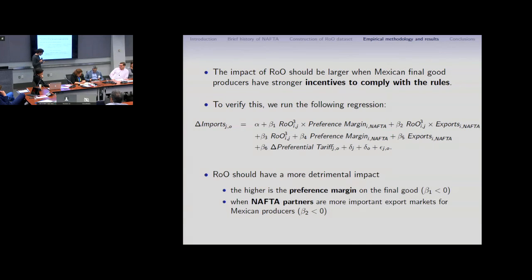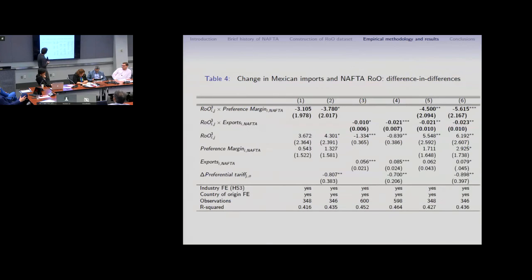So we expect our coefficient to be bigger in absolute value for those goods for which the preference margin is very high, and also stronger for those goods that are intensively exported to other NAFTA partners. So those are the coefficients you want to look at. We actually find that the bigger the preference margin, the bigger the coefficient is in absolute value, and we find basically the same pattern for the level of exports.